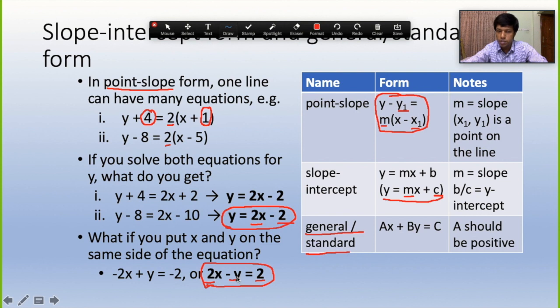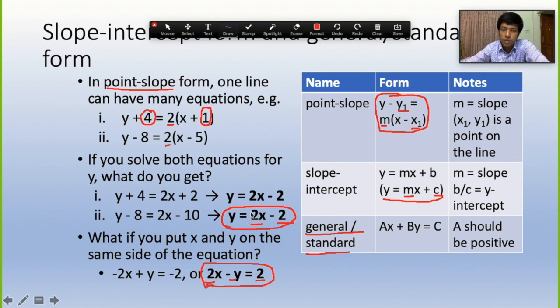Then x and y are here. Why do we need them? Sometimes in some of the questions, someone can ask you to write an equation of a straight line in standard form. So at that time you have to write it in this form. Someone can tell you to write your answer in slope-intercept form. Then you have to write the answer like this.